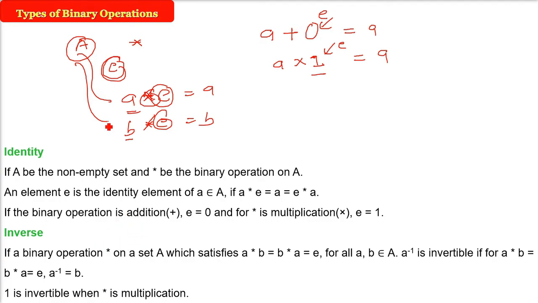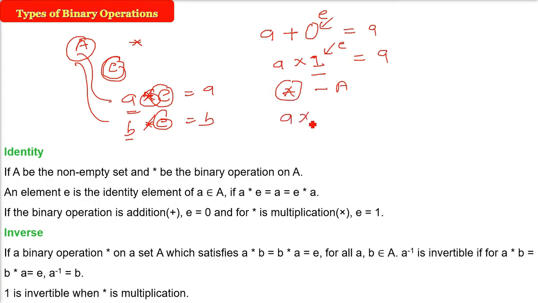Coming to inverse. Now, when we have inverse, we need to have identity. Okay. So when we take two values, remember we are taking the values from a single set, and the result also has to go to the same set. That is the binary operation prerequisite. Okay.